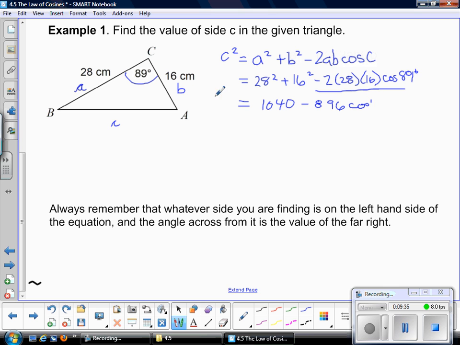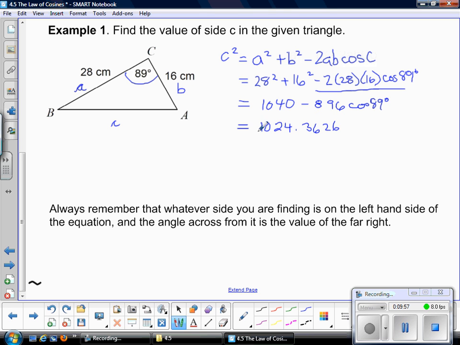Remember, I am multiplying. So the more steps you have, sometimes the better. And it's just a matter of taking my calculator and actually calculating this. So it's 1024 decimal 3626.